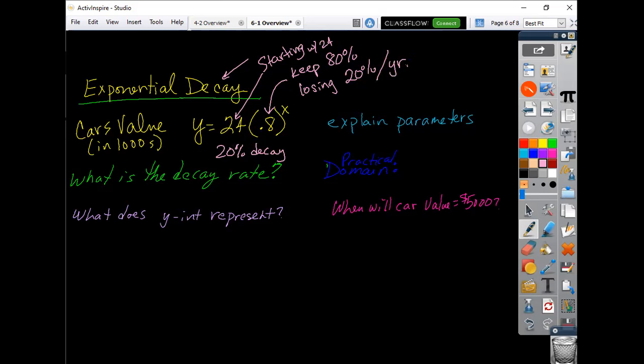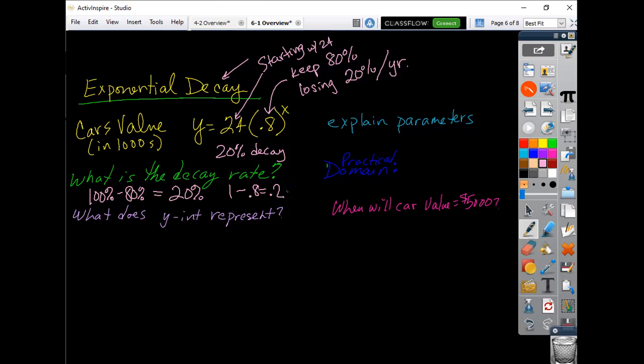Okay, so the decay rate here is your 20%. It's actually 100% minus the 80%, or 1 minus 0.8 equals the 0.2, and 0.2 in decimal is 20%.